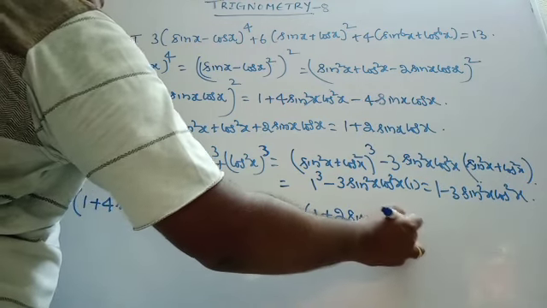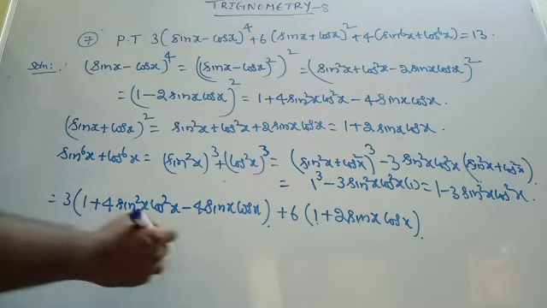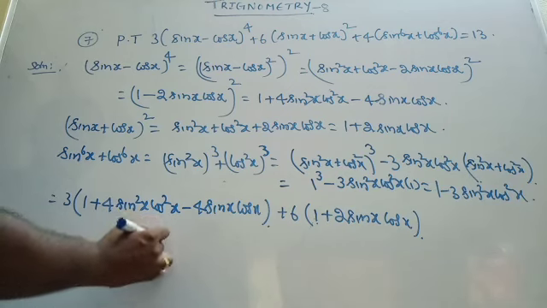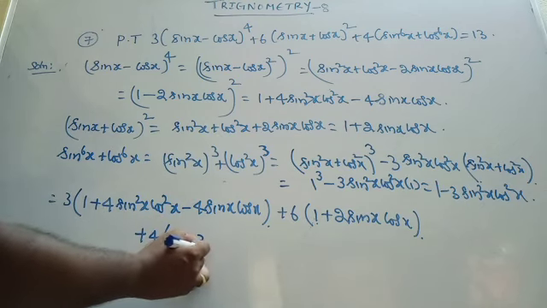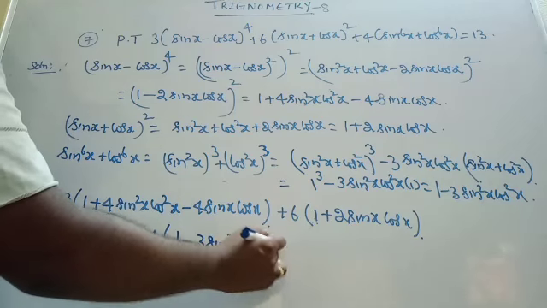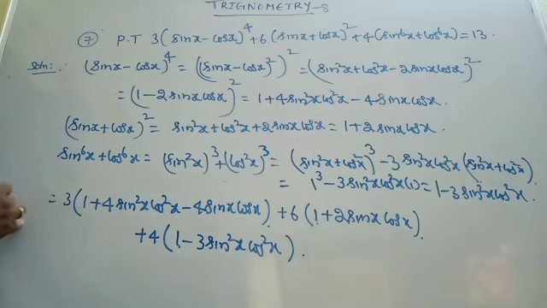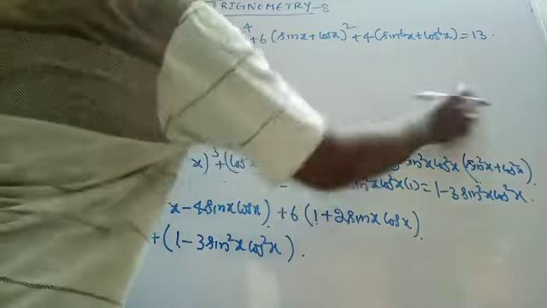Next, plus 4 times of sin power 6 x plus cos power 6 x, which is 1 minus 3 into sin square x into cos square x. This is what our left hand side part is. Now let us try to simplify this, my dear students.